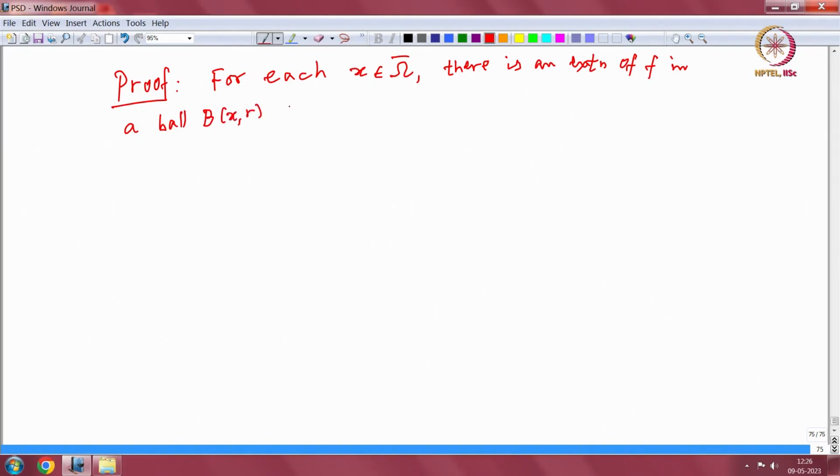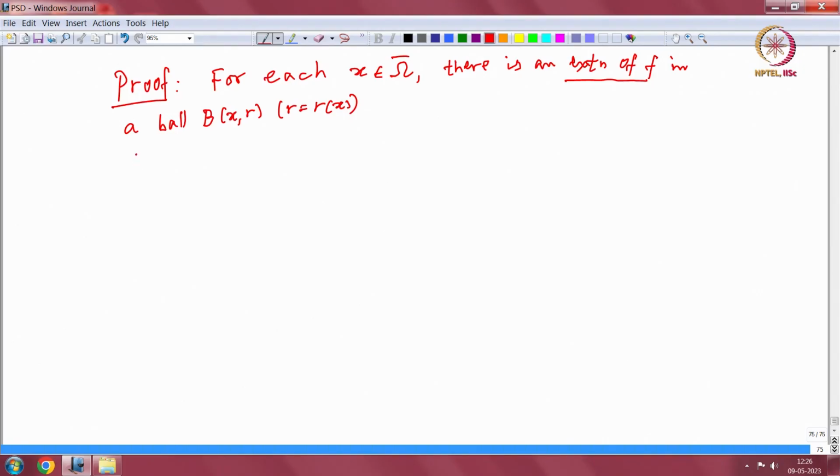Remember, this r may depend on x. Either the extension is trivial, for example if x is in omega, or if x belongs to the boundary, then the hypothesis gives us this extension.